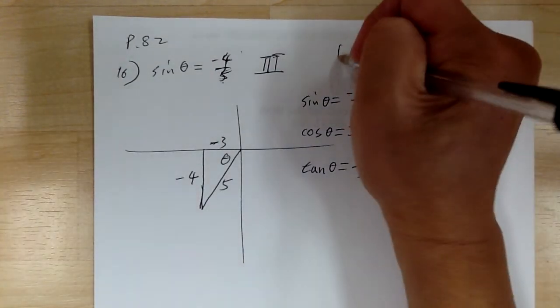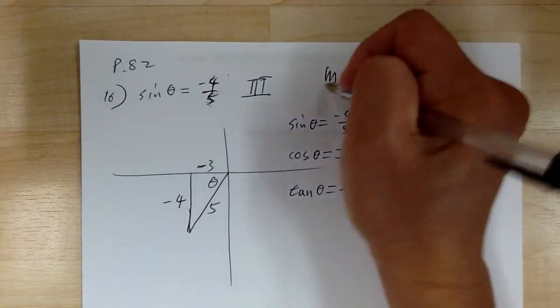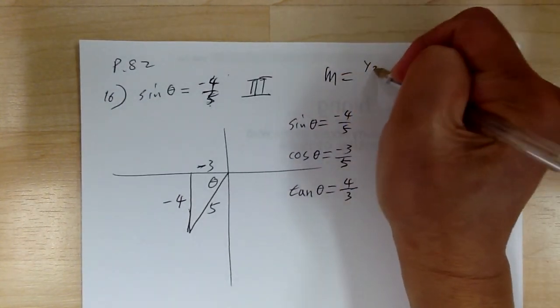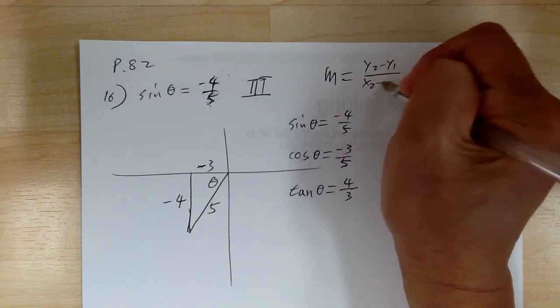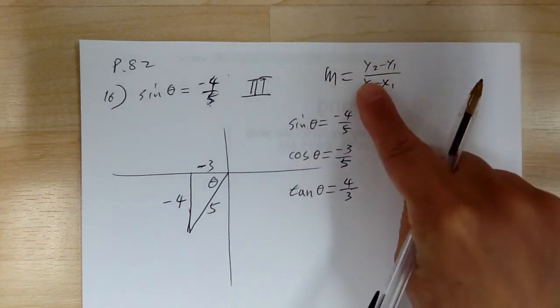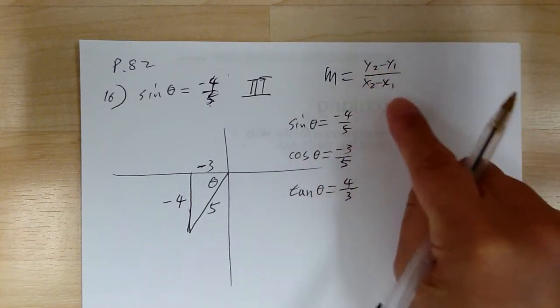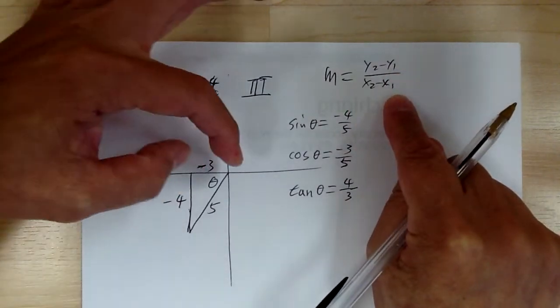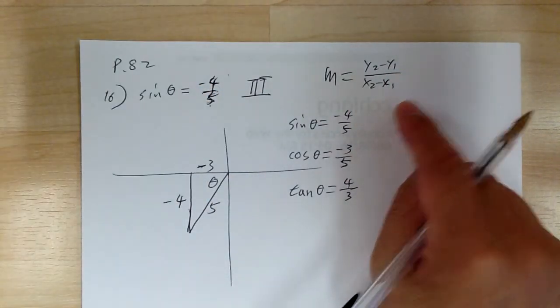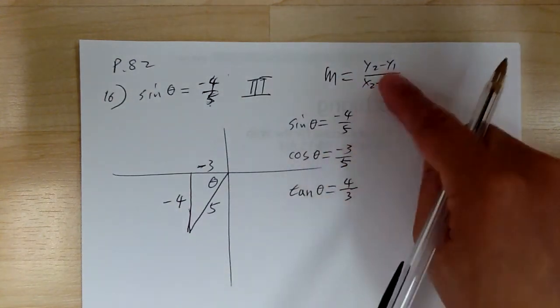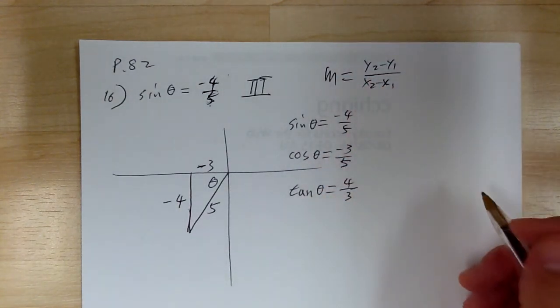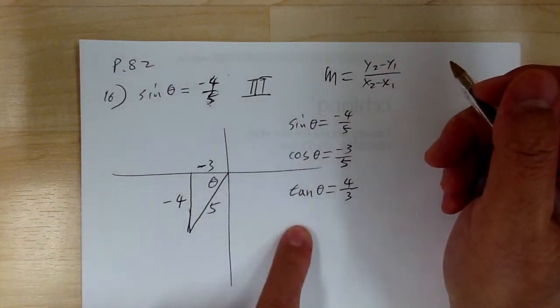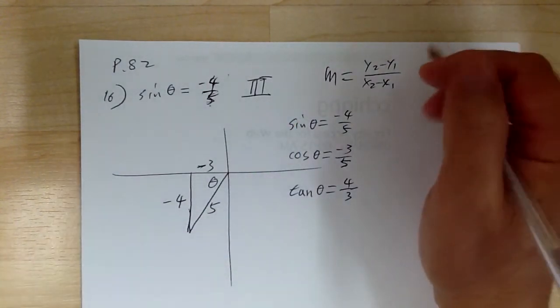And if you don't remember the slope formula, the slope is equal to y2 minus y1 over x2 minus x1, right? So that's what that is. Again, they are the same thing. So y2 minus y1, that is this distance over here. x2 minus x1, that's the distance over here. So you've got to make the connection. They are the same thing. Okay? Okay, so now once you get sine, cosine, tangent, you can get the other 3, right?